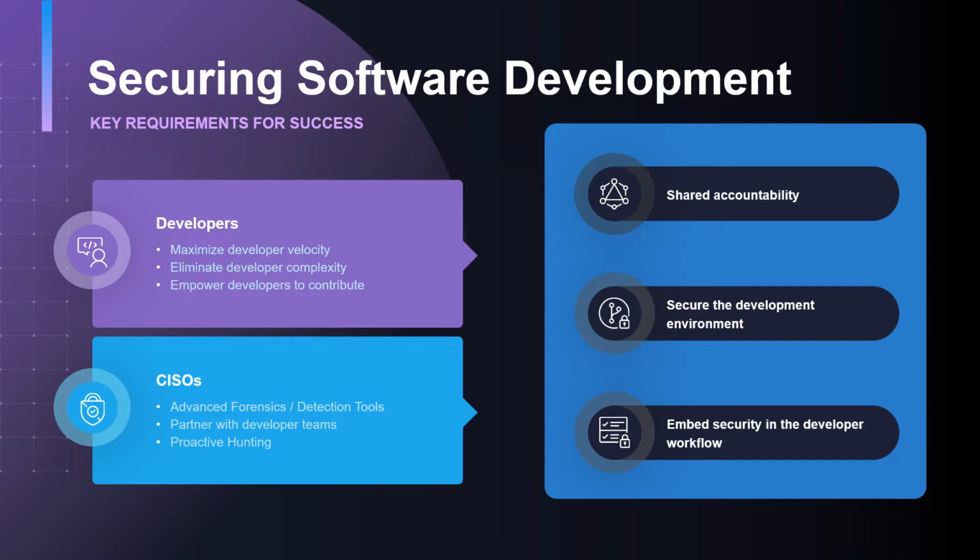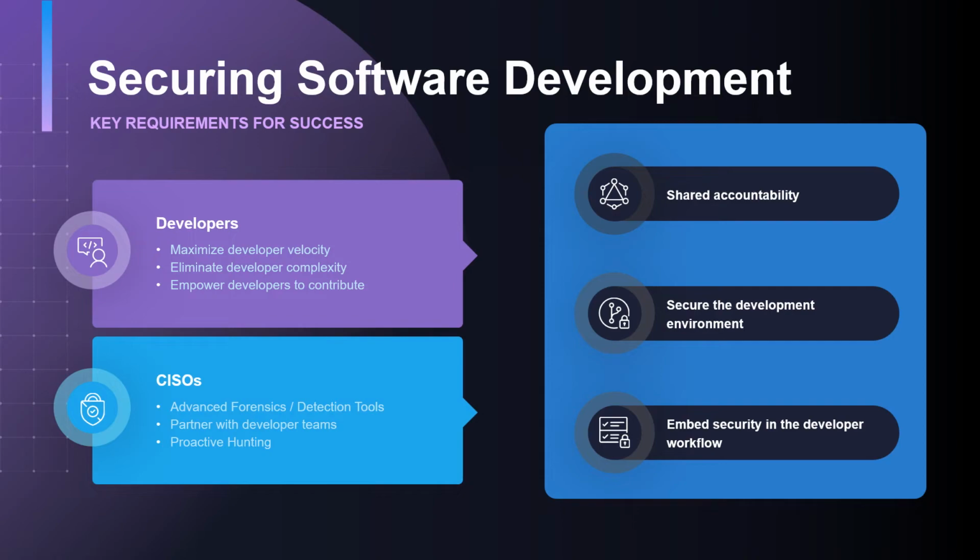Another is visibility across applications, from testing to production. And this requires partnering with developer teams to gain holistic observability. And last, it is the ability to proactively hunt threats instead of operating in a state of reactive security.